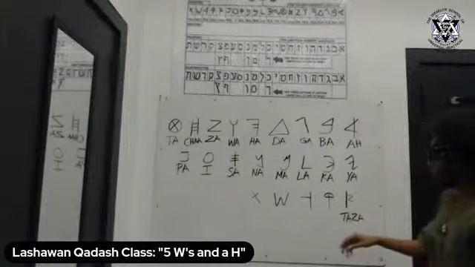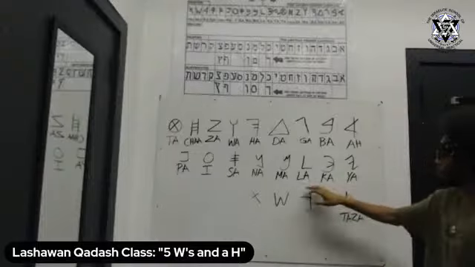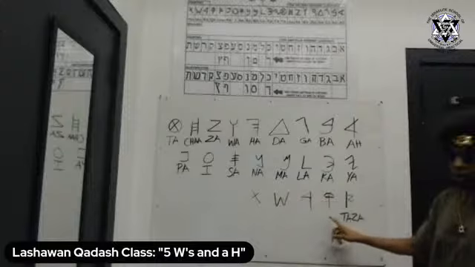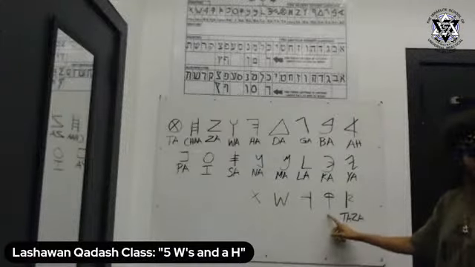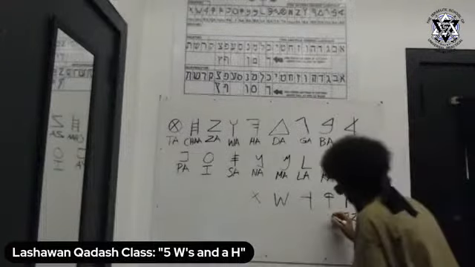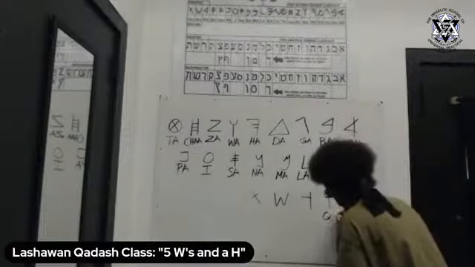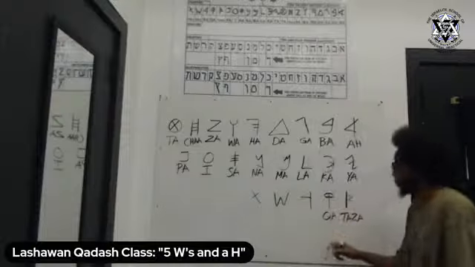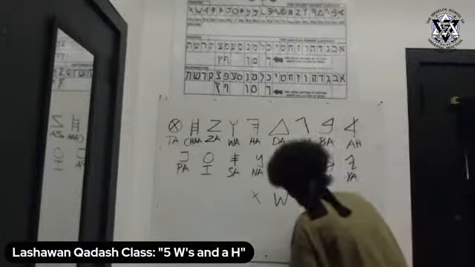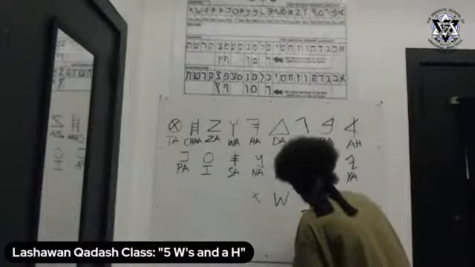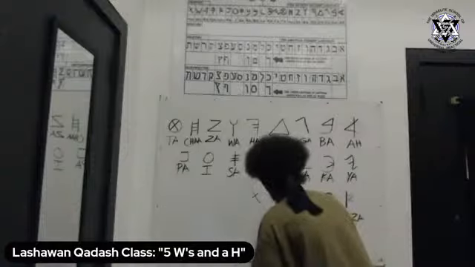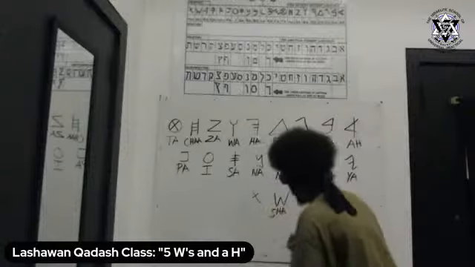All right, so we got ya, ka, la, na, sa, I, pa, za. How about this one? No sweat. So we got qua, which is a Q, A. Ra, R, A. What is this? Sh. That's sh.